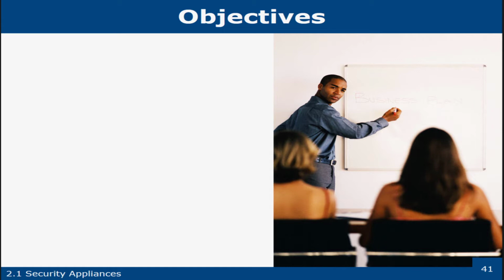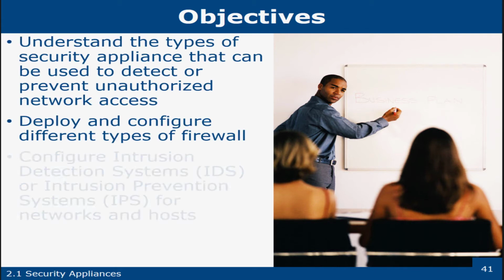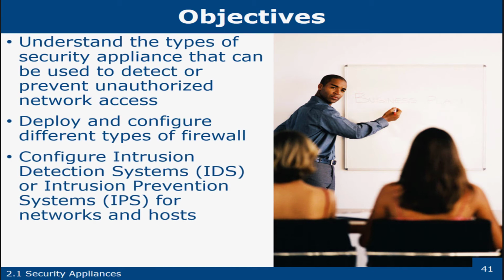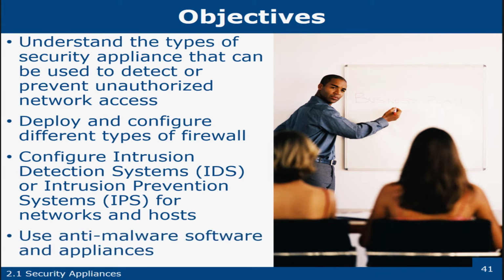We'll talk about firewalls, endpoints, and other facets of intrusion detection appliances and intrusion prevention, for example. Again, nothing spectacularly difficult. We'll also talk about anti-malware and other appliances as well.